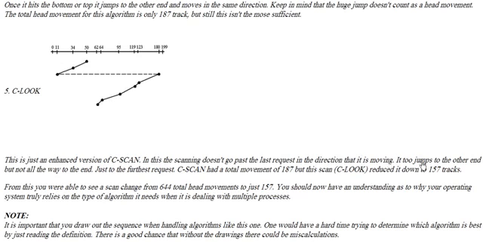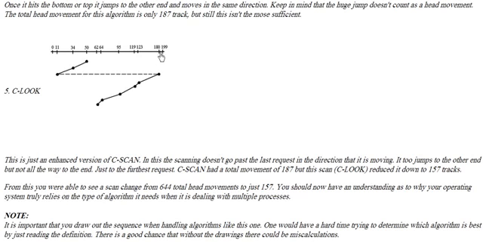Not all the way to the end, as I said, just to the furthest or the latest request available in the queue. C-scan had a total number of 187, but C-LOOK reduced it to 157. So from both sides, from the left and from the right, instead of going to 199, the last point, we move just to the last request in the queue.